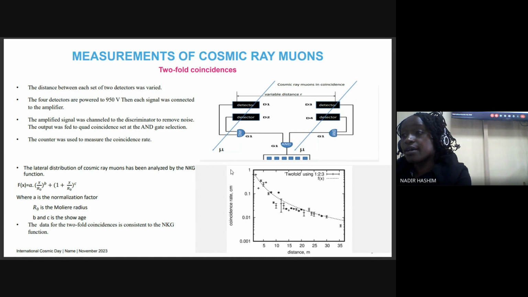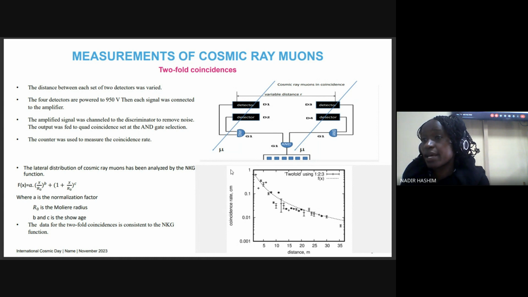As you can see from the graph, our data is consistent with the NKG function, and the equation is shown. A is the normalization factor, R naught is the Moliere radius, B and C are the shower edges, and this shows all the data that we have obtained for the twofold coincidences.